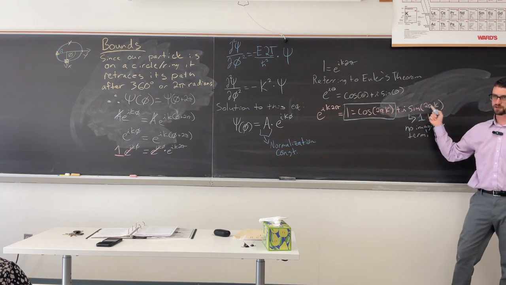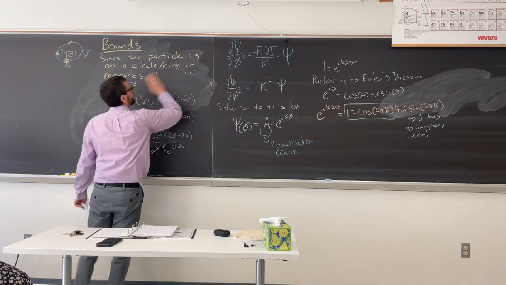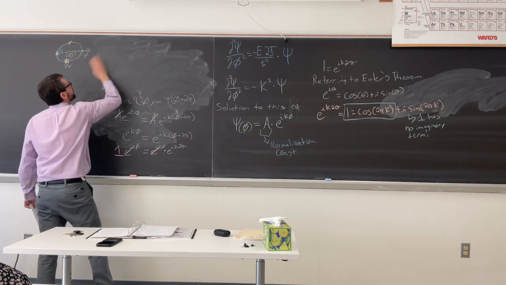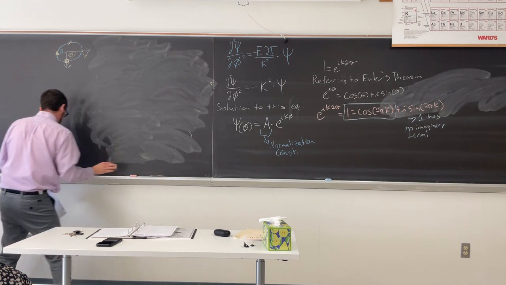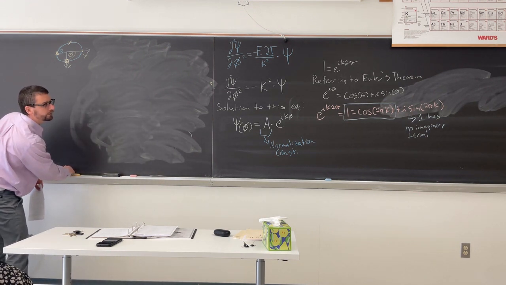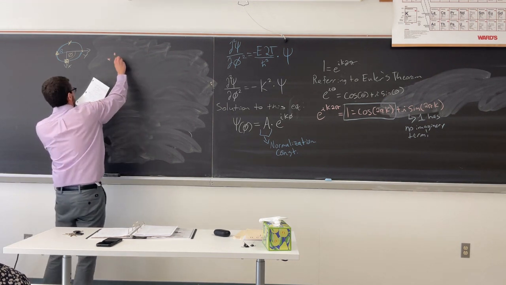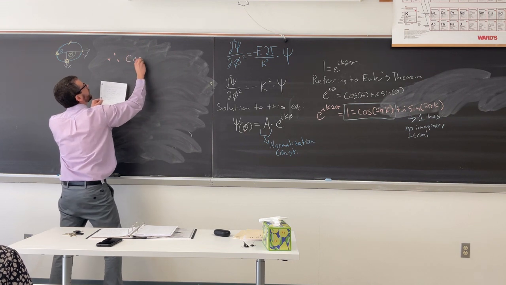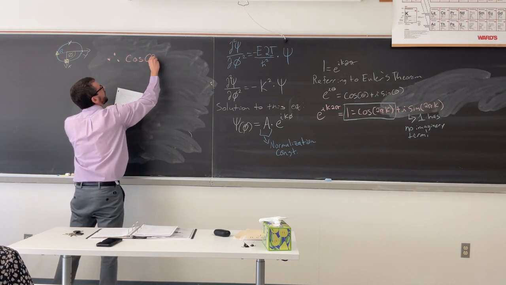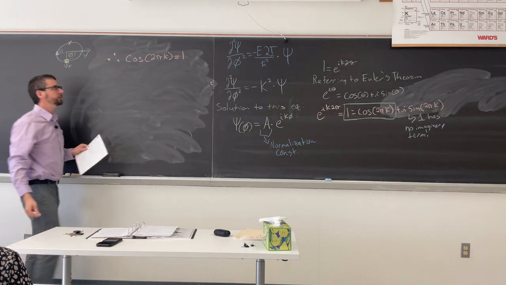This portion is just 0. See how well this erases. Okay. Boy, I was using pink. Therefore, cosine 2 pi k must be equal to 1.